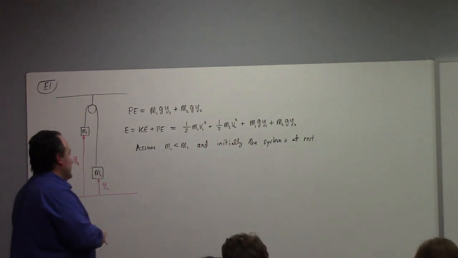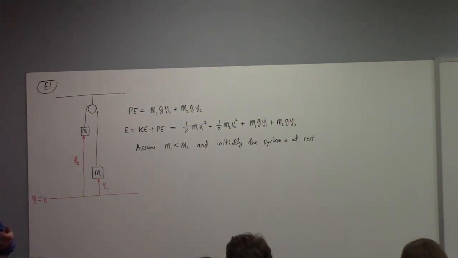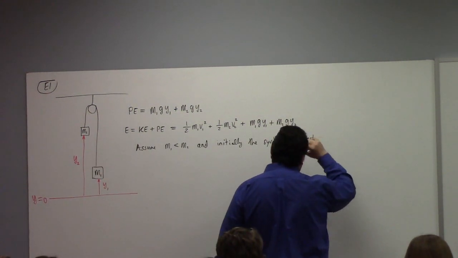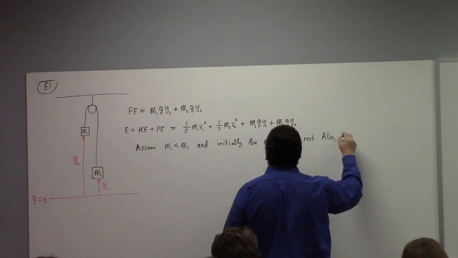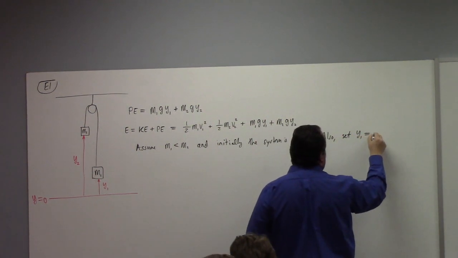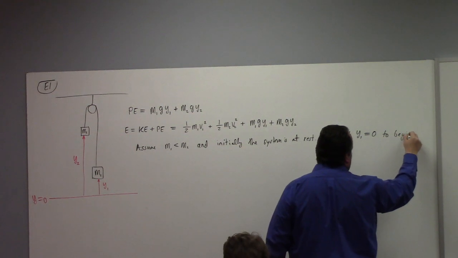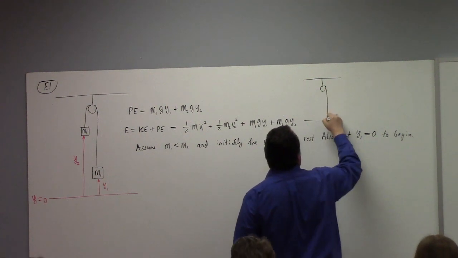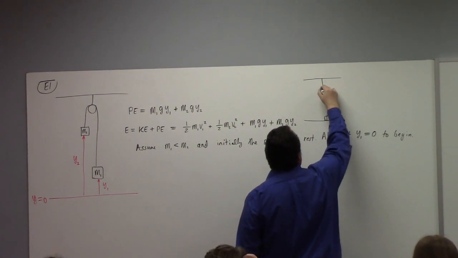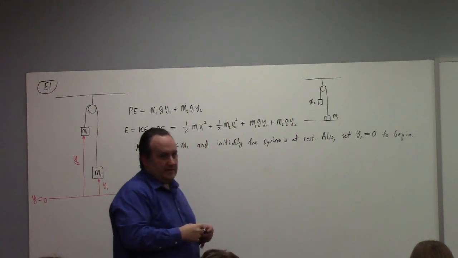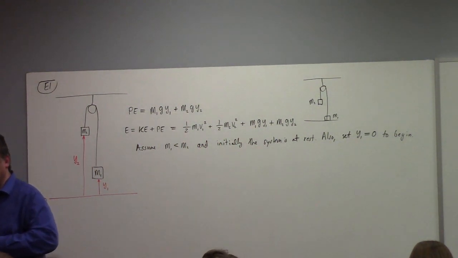If we do that, then we can ask interesting questions like, what's the velocity later on, right? Also, we'll set y1 equals 0 to begin. So what I'm saying is, we've got basically m1 on the floor to start with, right? And m2's hanging up here somewhere. m2 has a larger mass than m1, so it's going to do what? It's going to fall. It's going to drag m1 up, right?